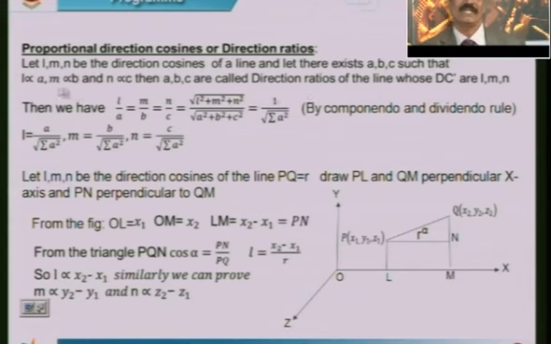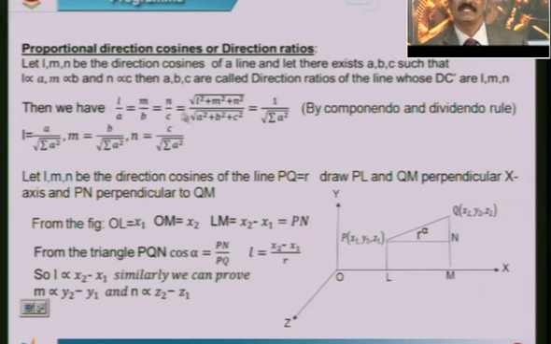Say l proportional to a, m proportional to b, n proportional to c. Then a, b, c are called proportional direction cosines of that line whose DCs are l, m, n, or direction ratios. That is, l by a equal to m by b equal to n by c. Then we can get l, m, n knowing a, b, c. Suppose you know the direction ratios of a line, you can get the actual direction cosines l, m, n.